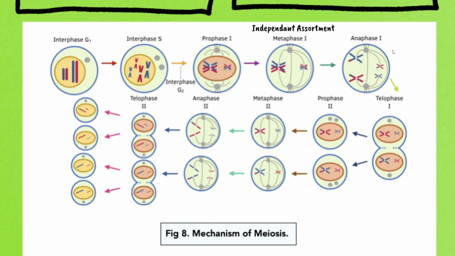Now what happens in anaphase 1? In anaphase 1, the spindle fibers start moving back. They start stretching back towards the opposite ends. What happens? Just like in mitosis, when these chromosomes are pulled back, due to this pulling back they get separated from each other.